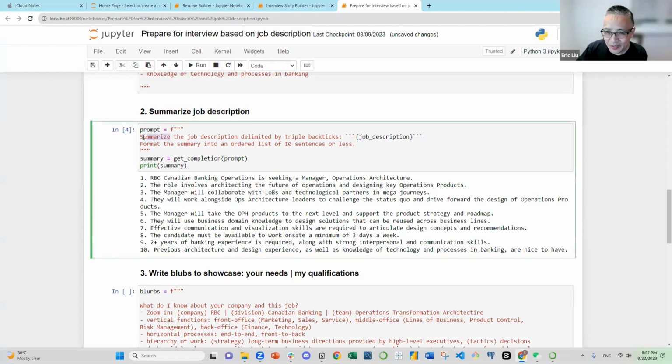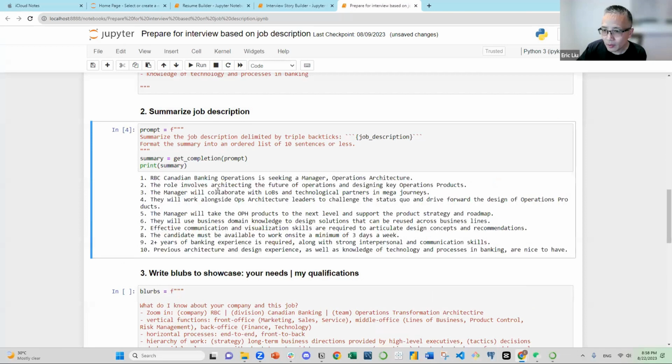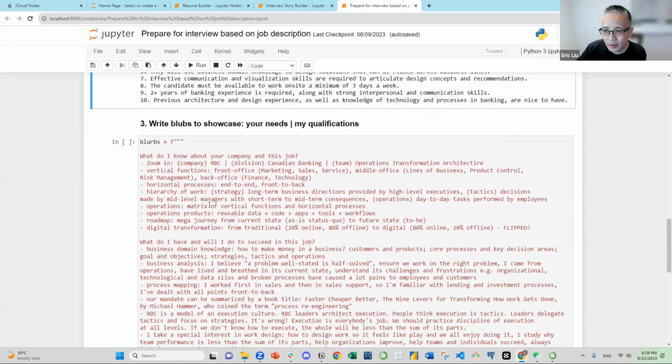You can change the verb from summarize to extract. You can change the prompt into extract the most relevant information, and then this will look different. So once again, you have to just play with the OpenAI API endpoint to get a high quality answer.